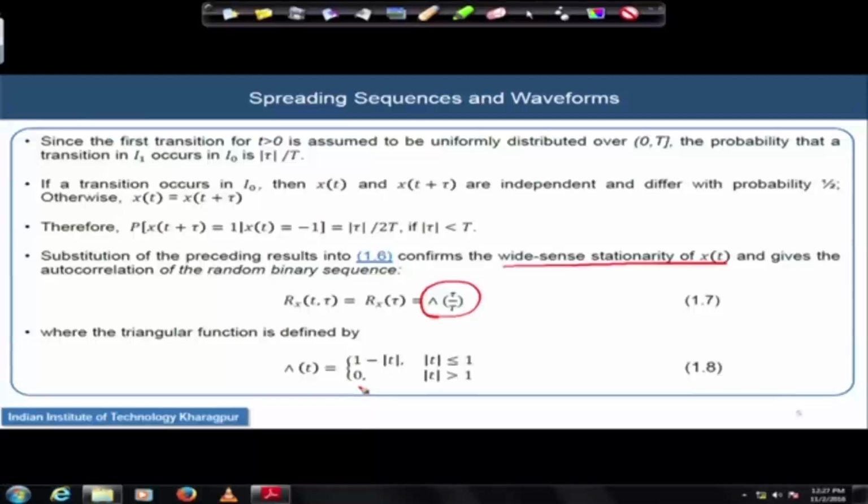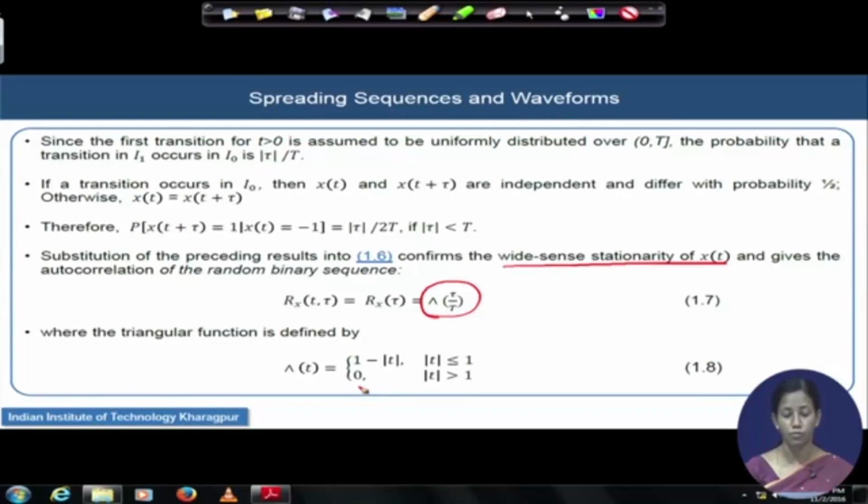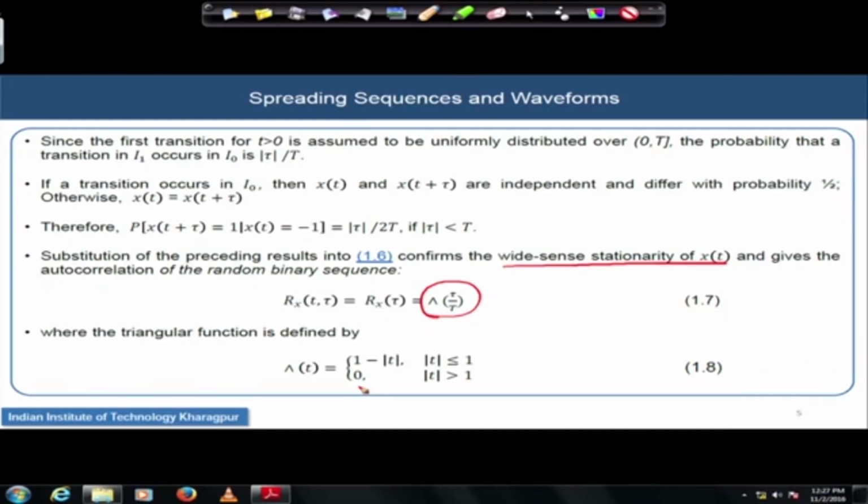This observation and this derivation we will utilize for generation of several sequences, and mainly the maximum length sequence or ML sequence. We will see how this triangular property is really very useful in any kind of further analysis.